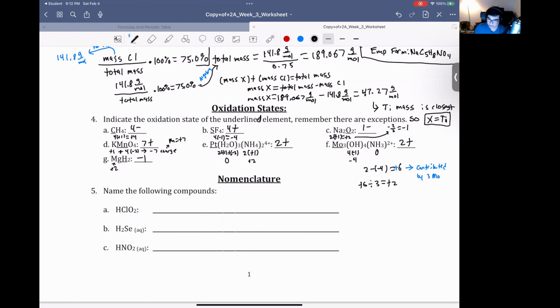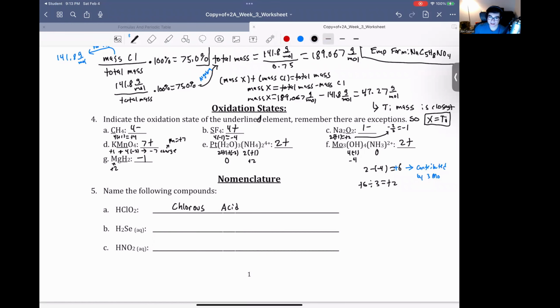I'm going to call this some sort of acid. This is going to be chlorous acid. If it ends with ite, you're going to put an ous, so chlorous. Instead of chlorite, you replace the ite with ous. And then the acid indicates the hydrogen in the beginning. So chlorous acid is HClO2 here.